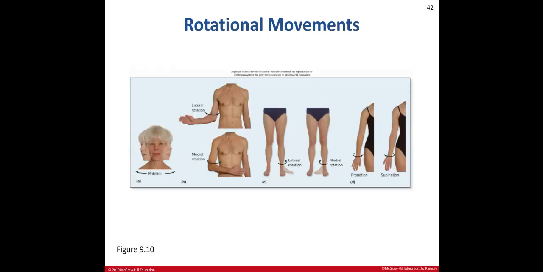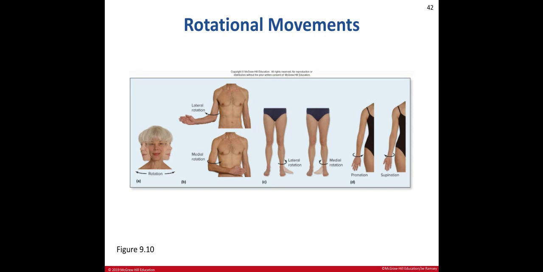So what does that look like? Rotation, of course, is just like moving it on that axis, right? So like shaking your head to say no. Lateral rotation would be like if you took your arm and you rotate your arm outward away from your body. Medial is rotating it in.